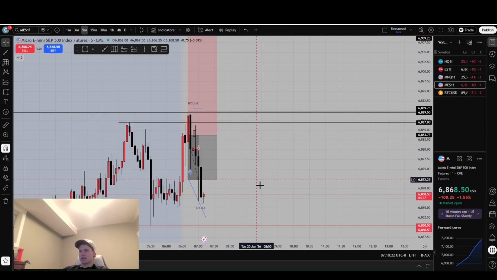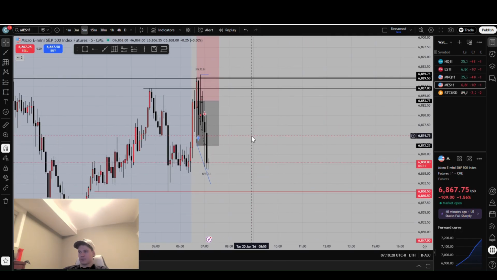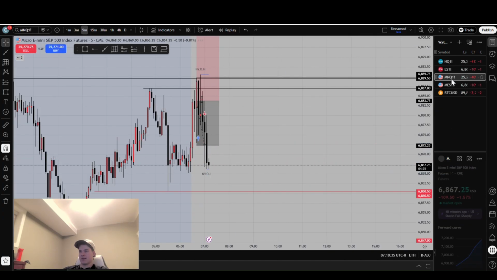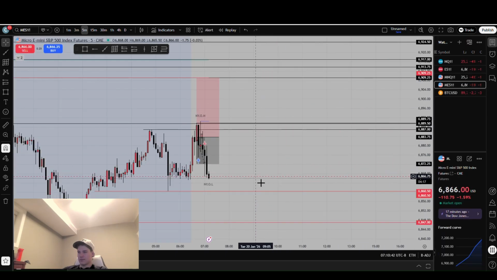It looks like ES is going to control this price action. We're going to deny the potential of an SMT here by the looks of it. ES is appearing to want to take these equal lows.